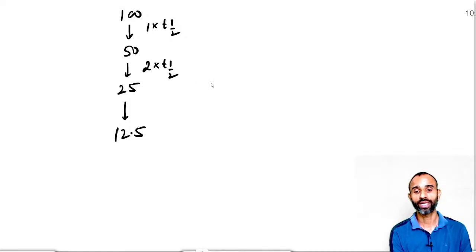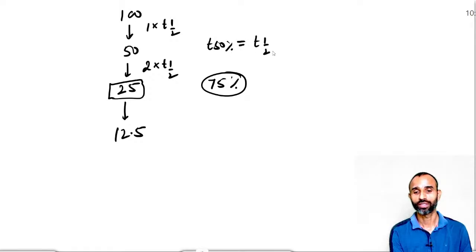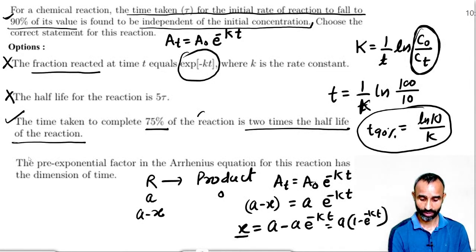After the second half life, 75% of the reaction is completed because only 25 is left. For 50% it is T half. For 75%, it is 2 times T half. For first order kinetics, it is true.